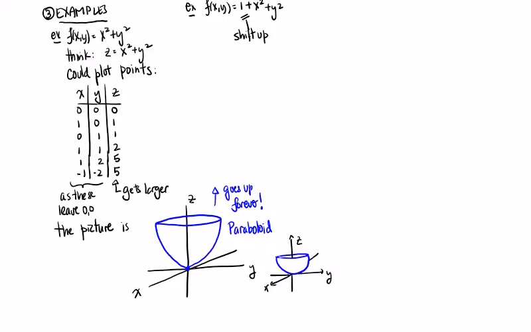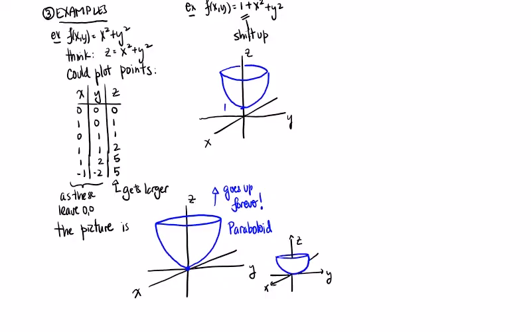So it's essentially the same picture, but the whole picture is shifted up by 1. It's the same shape, basically, but shifted up by 1 unit. So that bottom is at z equals 1.